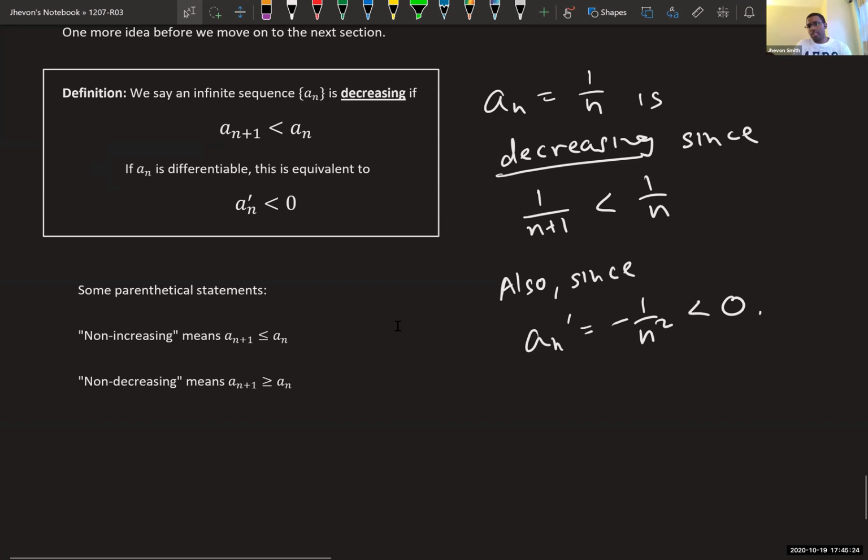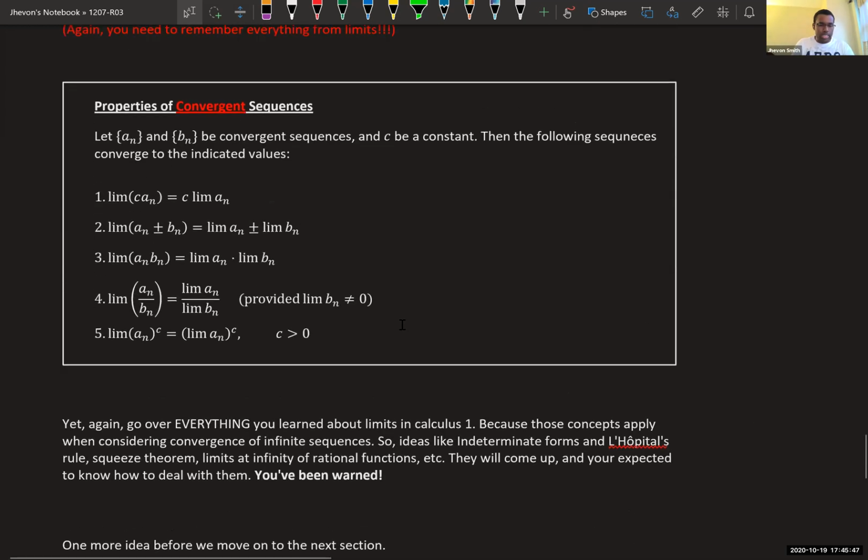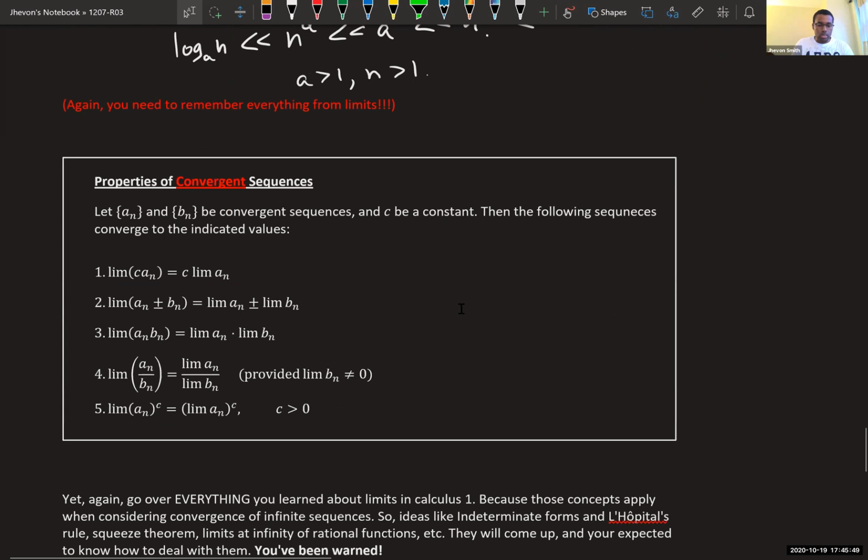So that was sequences. Sequences are a list of numbers in a definite order. If the list goes on forever, we call it an infinite sequence. An infinite sequence converges if when you take the limit as n approaches infinity, it converges to a real number. Otherwise, it diverges. Sequences we can track their trajectory to see if they're increasing or decreasing or neither. And being able to examine a sequence is important in all these respects.